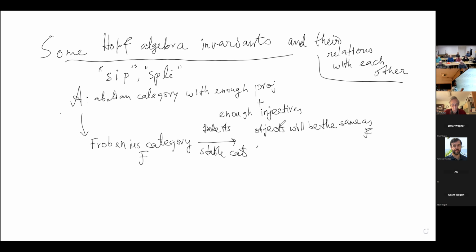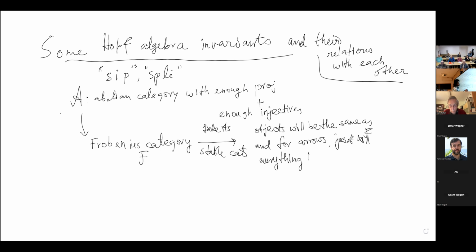And for arrows, I will just kill everything that factors through a projective injective. And I can say the word projective injective because by definition here, in this Frobenius category, the projectives and the injectives coincide.